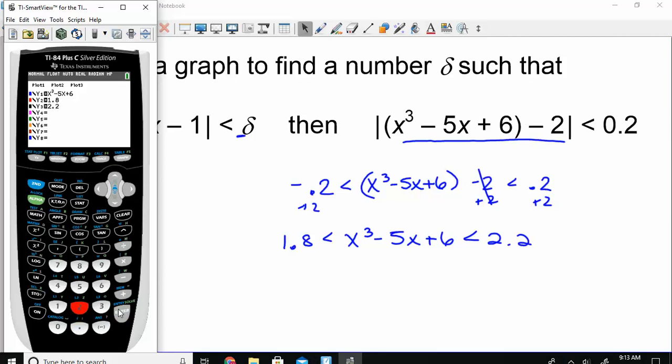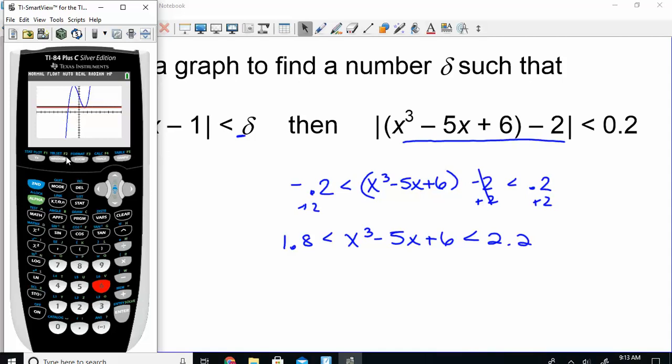So I made my middle part my y1, I did 1.8 as my y2, and 2.2 as my y3. So if we just zoom 6, look at, we're all kind of looking at the same thing there. That's my function. There's 1.8, and there's 2.2.